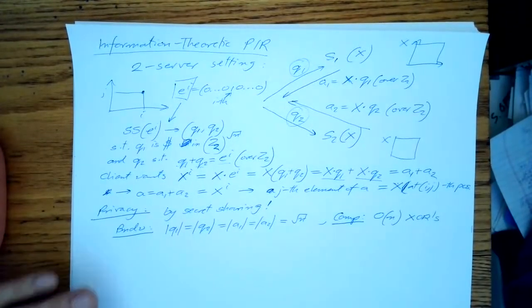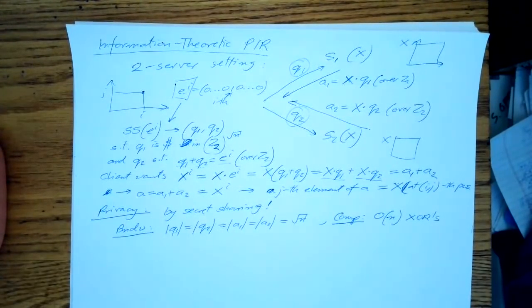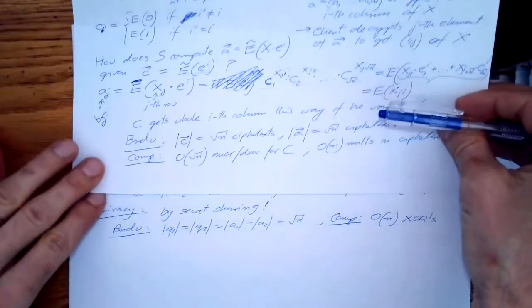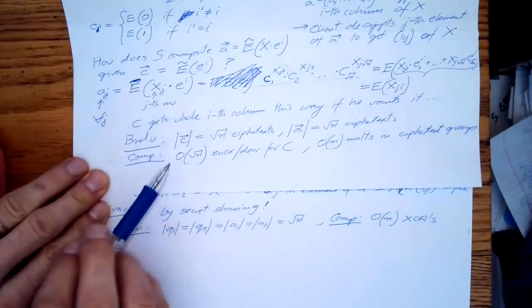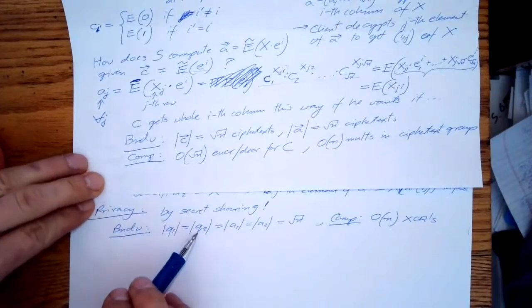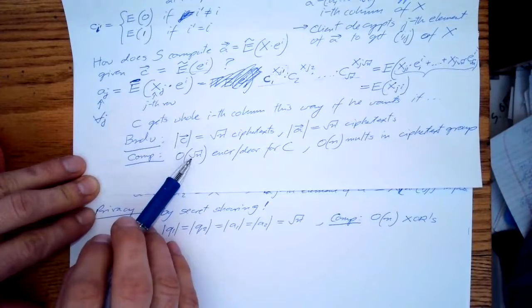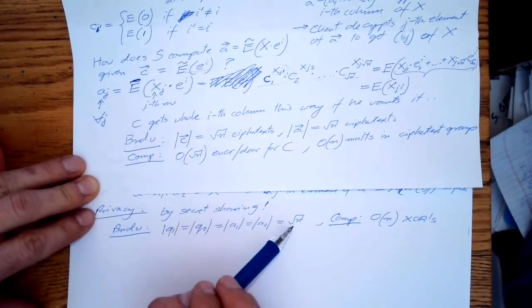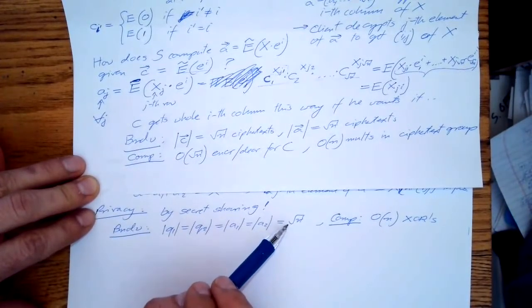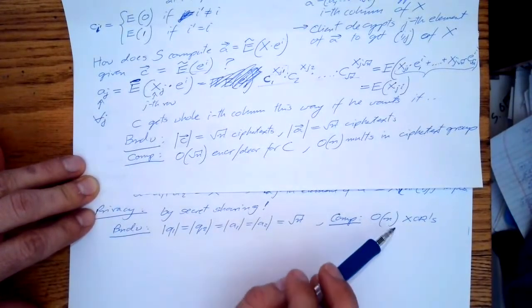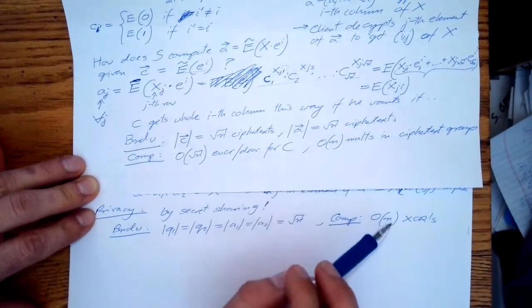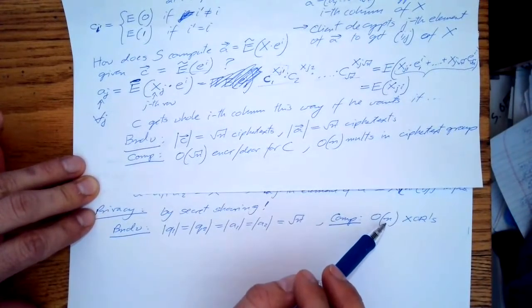If you compare the cost of the two solutions, the computational and the information theoretic, you get square root for communication in both cases, and you get linear for the server.